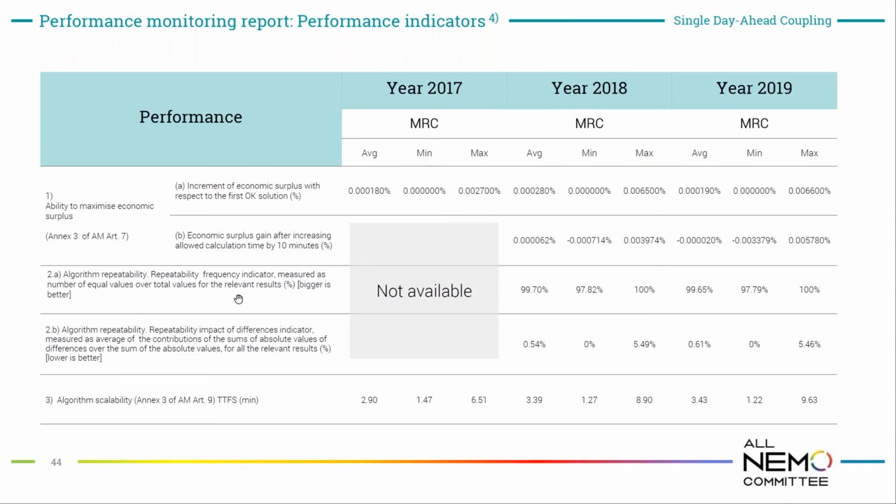Regarding the algorithm repeatability, we have done the test and we are even better than the previous year, 2018. And for the algorithm scalability, that is the time to first solution observed in the sessions we run in production, it has increased slightly on average for the MRC cloud with respect to 2018.